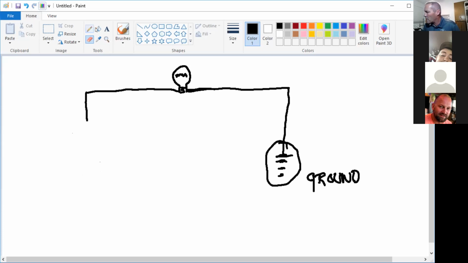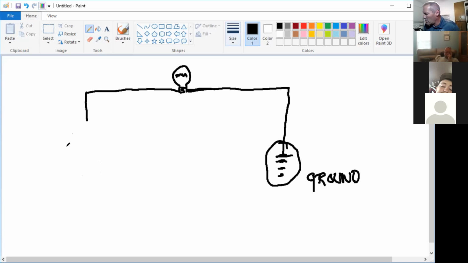Go back to our pencil. Okay, I'm going to introduce now a transformer right here. And if you remember in the transformer, we're only going to be using 120, so we're not going to be using the other leg. The center one is the neutral, and the other one of the other legs, how many volts are on it?